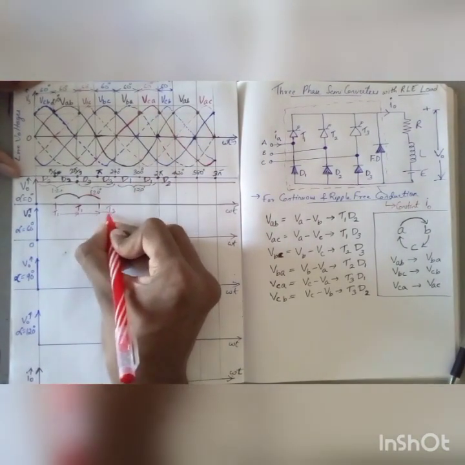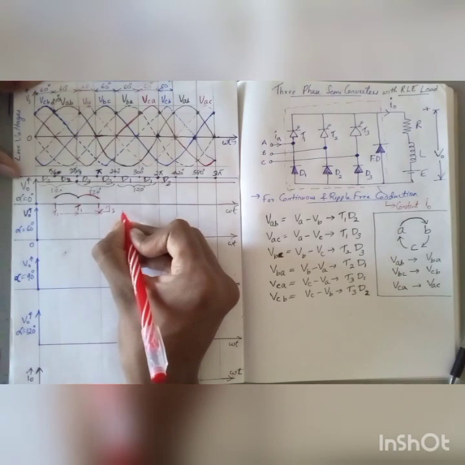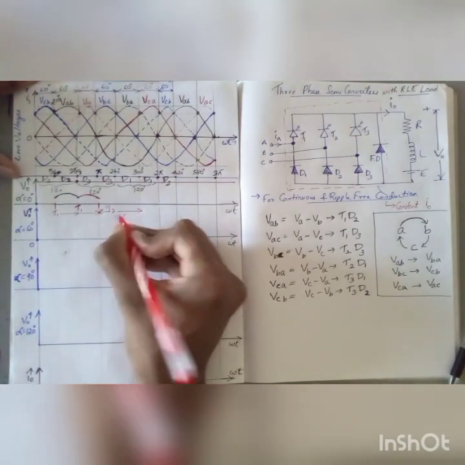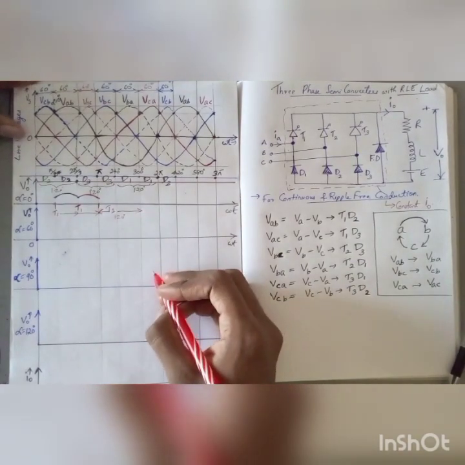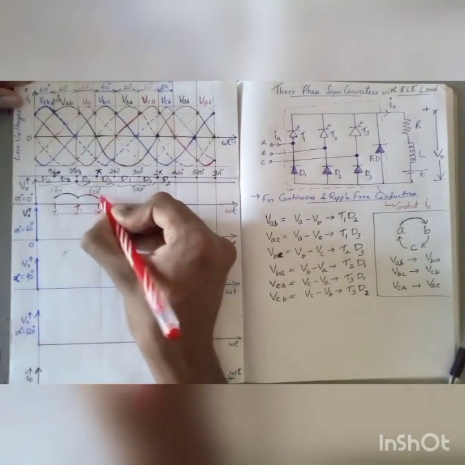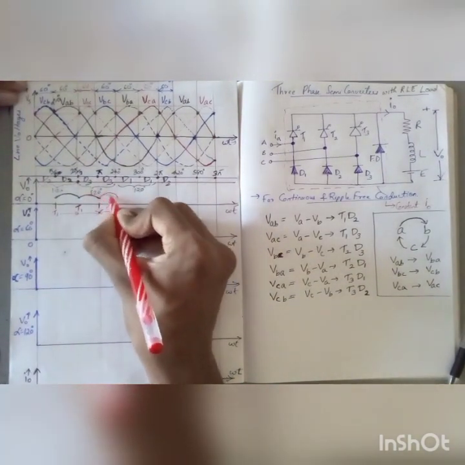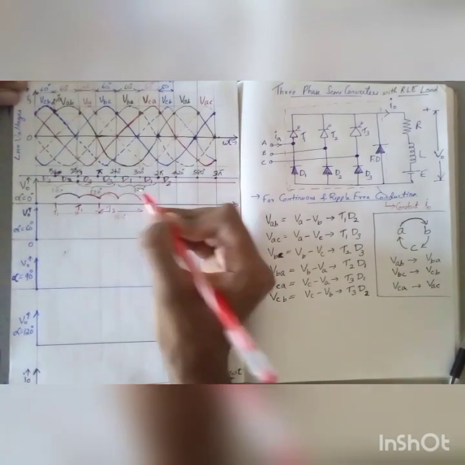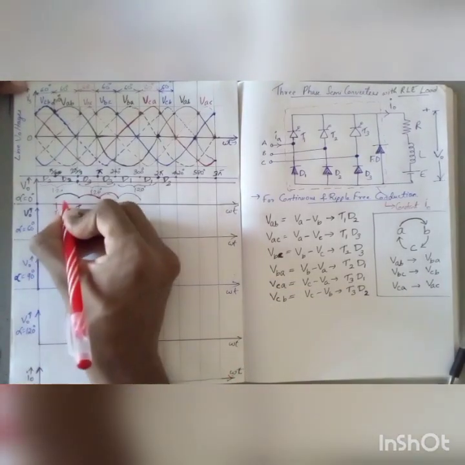From omega t equal to 180 degree to 300 degree, a total of 120 degree, T2 will be conducting. What will be the voltage appearing across V0? That will be VBC, and from this point onwards it will be VBA. Hope it is clear for you.